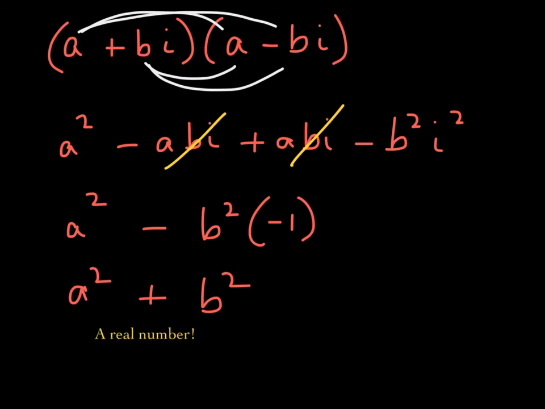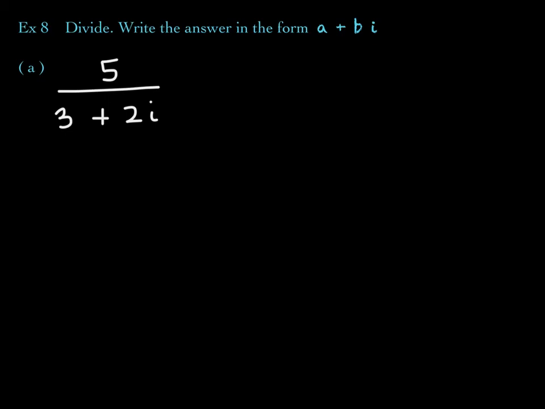Now this leads us to our last objective, which is division of complex numbers. Here we go. All right, everybody, here we have 5 divided by 3 plus 2i. Now listen carefully. The strategy here is very similar to what we were doing in section 9.4 of this chapter.